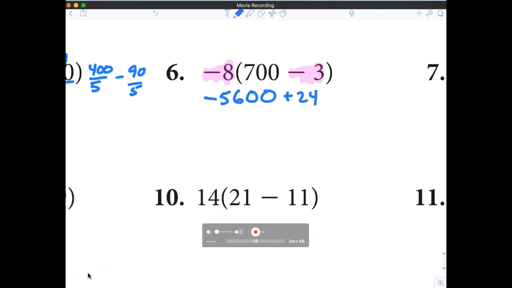Subtract 20 first, which would make that 5,580. Practice that. Everybody see that? Now I need to subtract another 4, so it would be 5,576. And is my answer positive or negative? Negative. Now, again, does everybody understand?